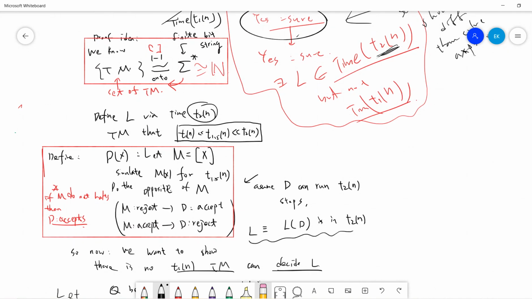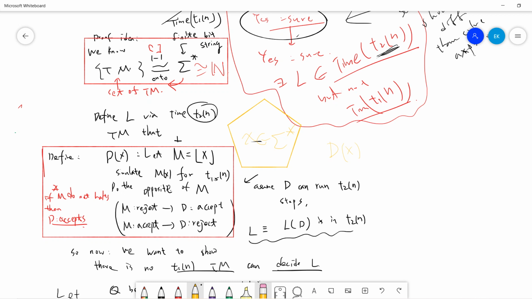Okay, so the proof idea is that we define L via some T2(n). So we define a Turing machine D, which takes input x. x is a bit string, right? This is the input. On input x, we let M be x bracket.